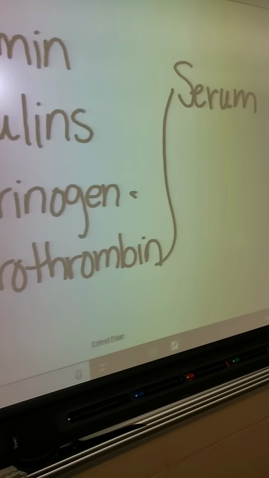The next 45% is made up of cells, and you've probably heard of some of the cells already. You have three main groups of blood cells: erythrocytes, leukocytes, and thrombocytes.